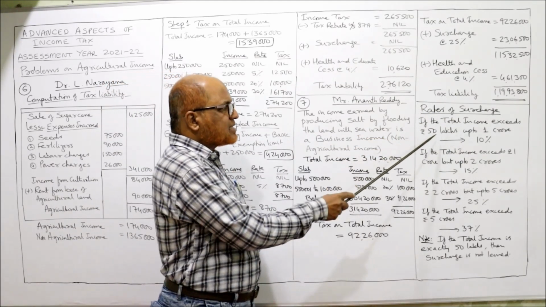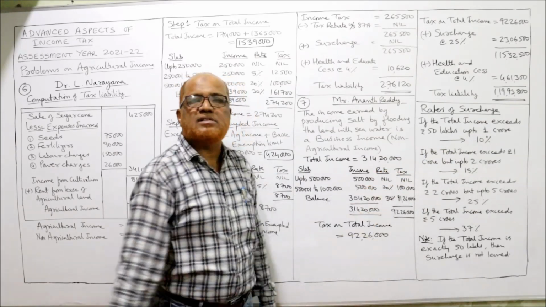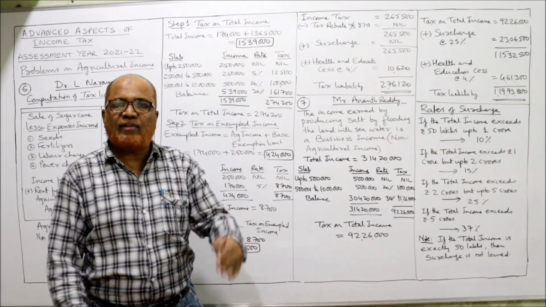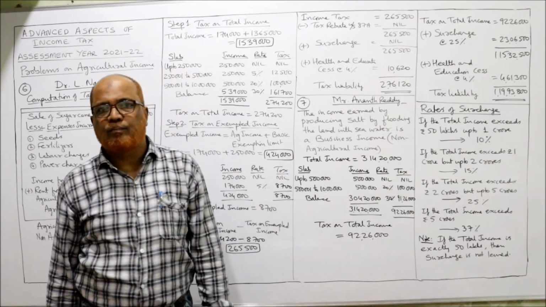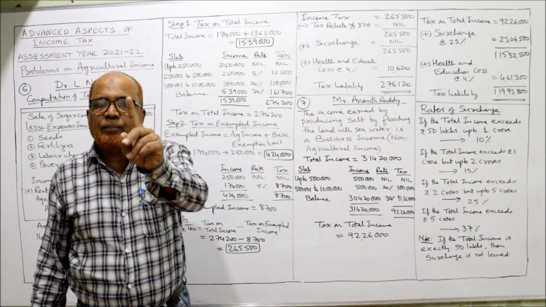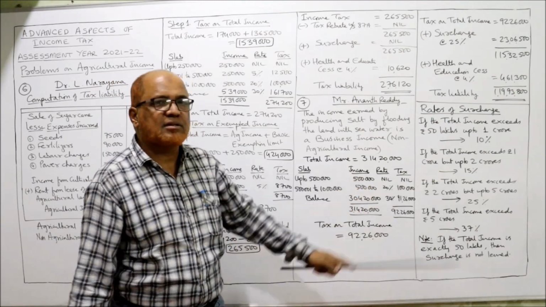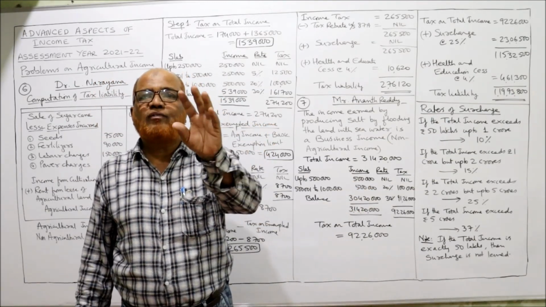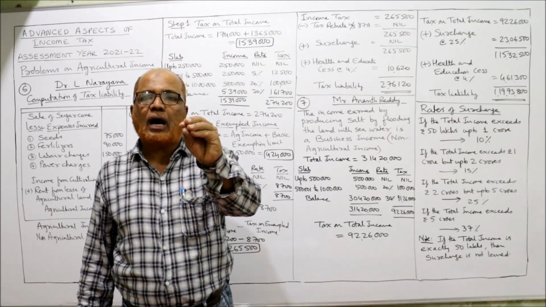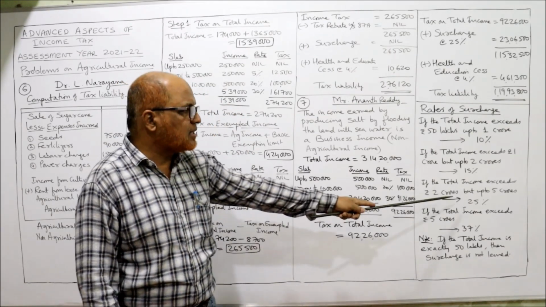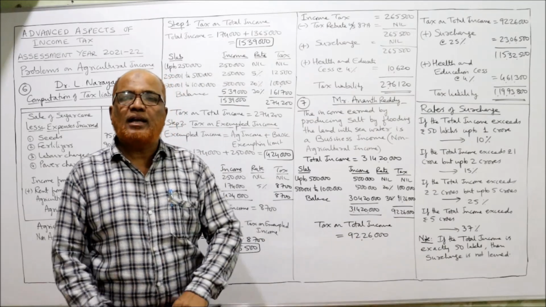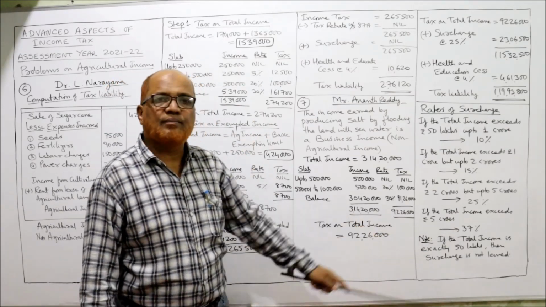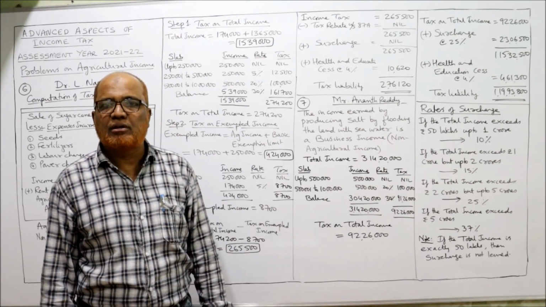If the total income is over 1 crore but up to 2 crore, it is 15%. If the total income is more than 2 crore up to 5 crore, 25%. If the total income is more than 5 crore, 37%. These are the surcharge rates.